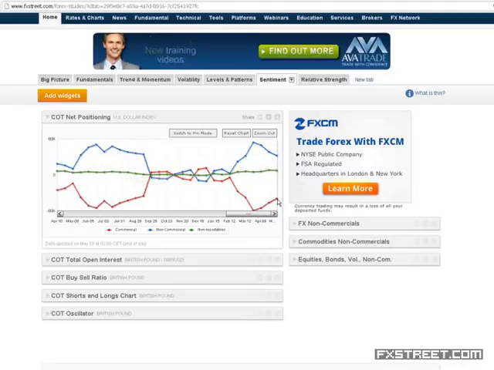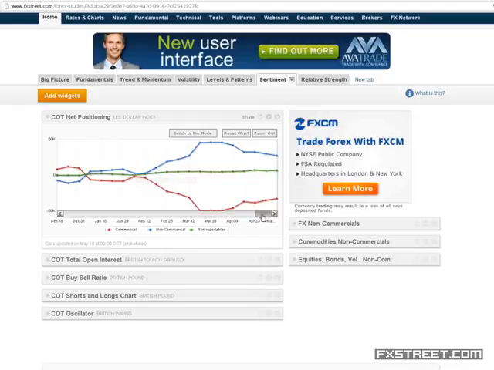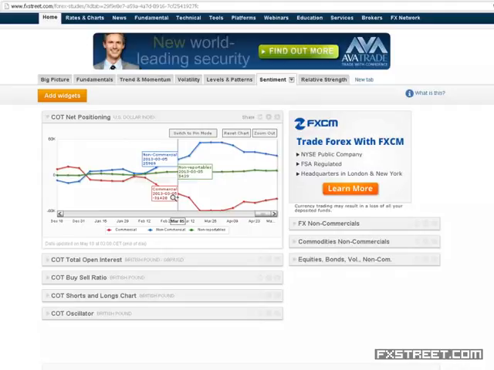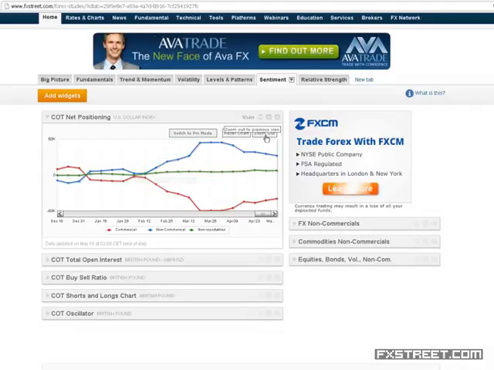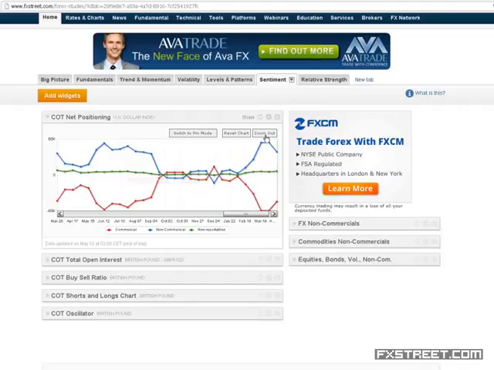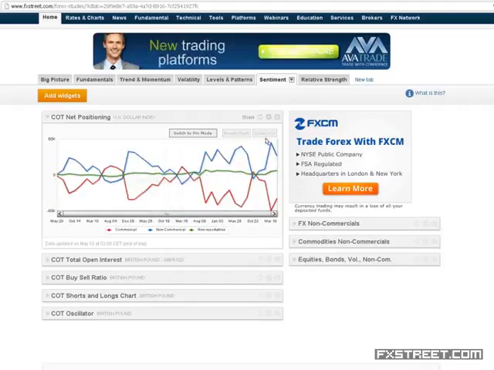The most recent data is always at the right edge of the chart. By hovering over the chart, you can see the actual net positioning numbers of each group. It is colored, so easy to see, and you may zoom in to see the weekly detail more clearly. You may also zoom out entirely and see the entire history of the data.